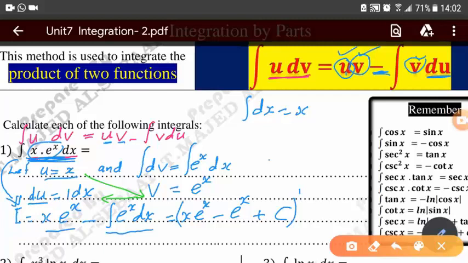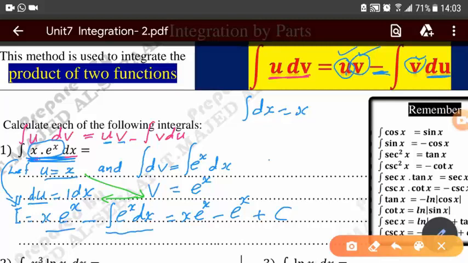You understand? Good. So as you can see, integration by parts is to convert my hard integration, because I don't have a rule to integrate x multiplied by e^x. But I made two parts.